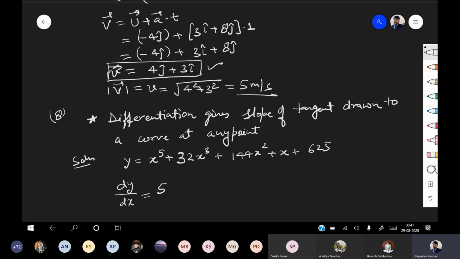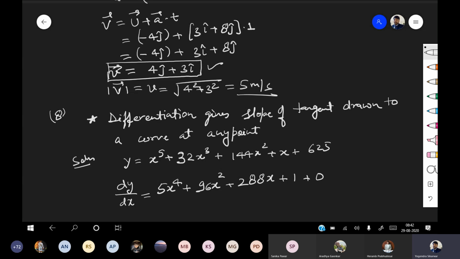I am writing directly. 32 into 3 becomes 96 x square. 144 into 2 is 288 x plus differentiation of x will be 1 plus differentiation of 625 will be 0.